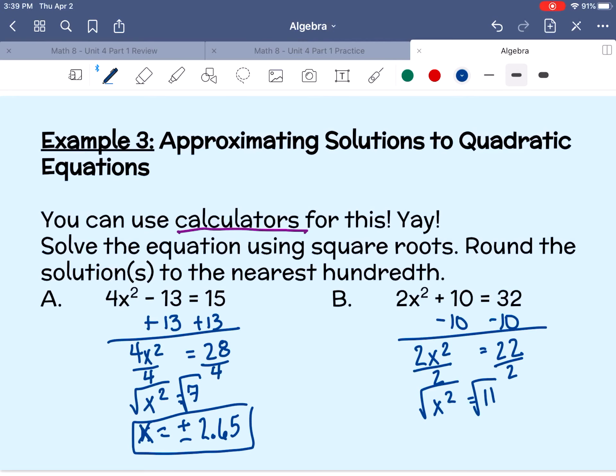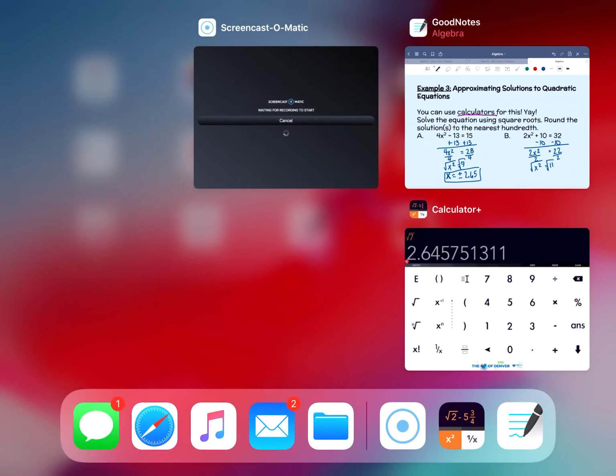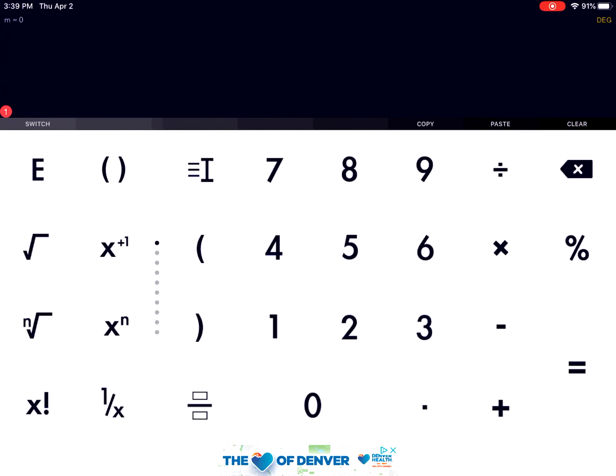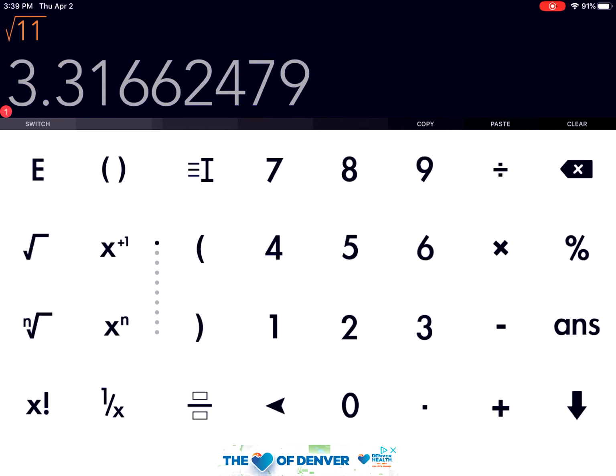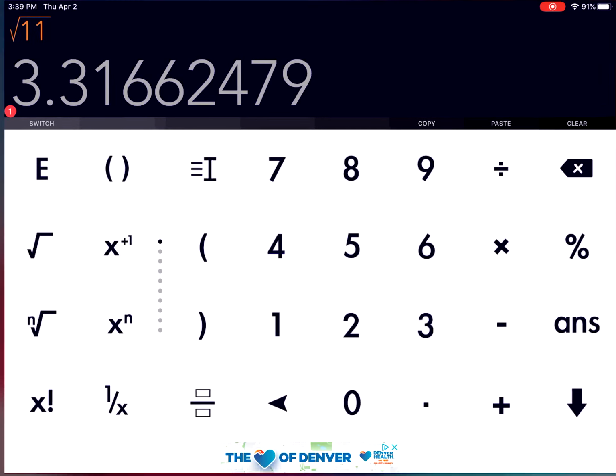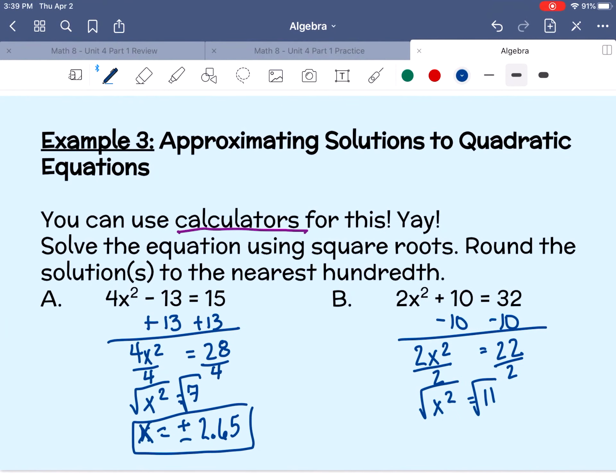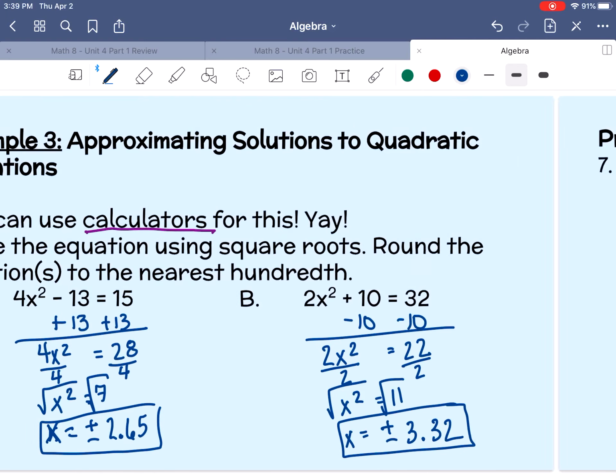When I get the square root of both sides, the square root of 11 is 3.316, so 3.32. So x equals positive negative 3.32. And that's how you do your approximations using a calculator.